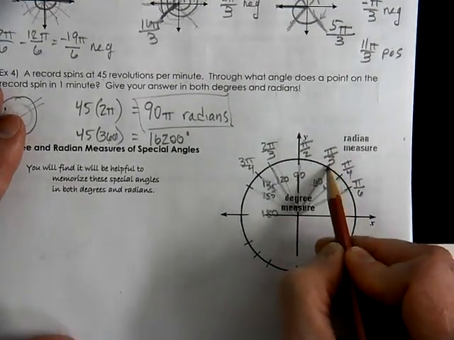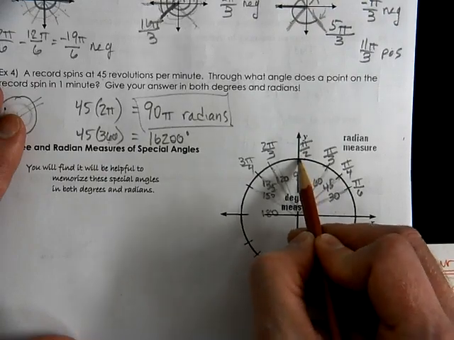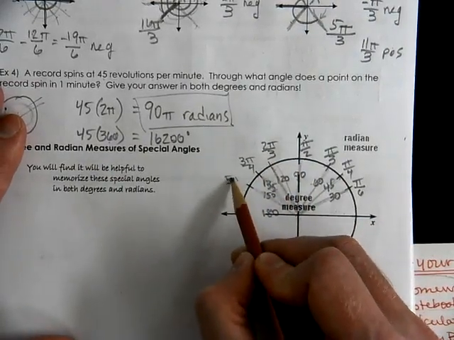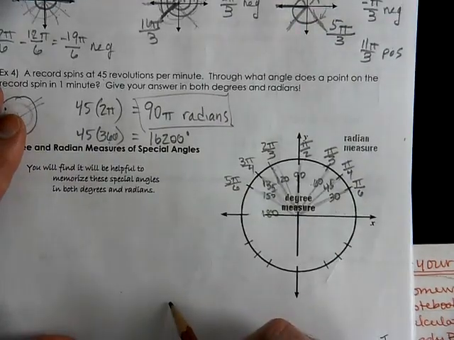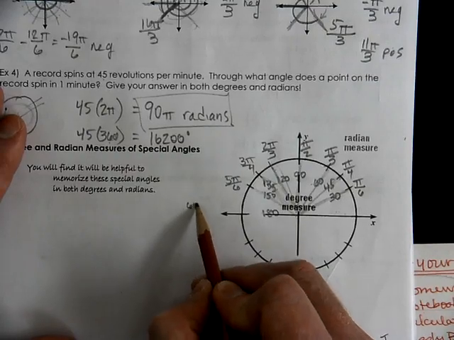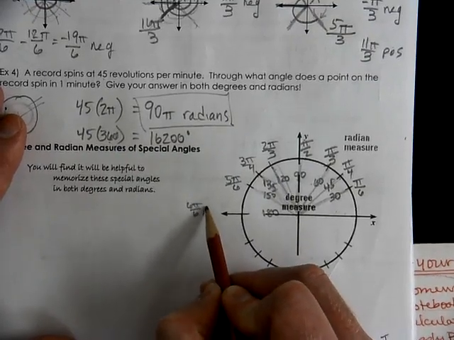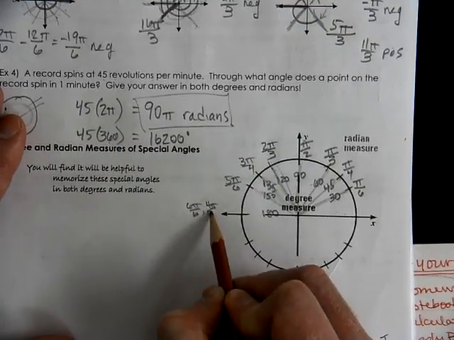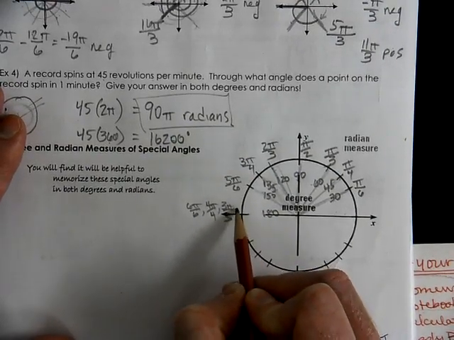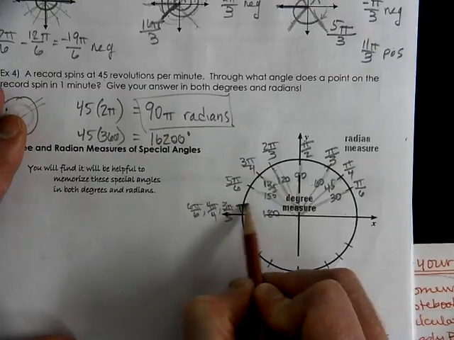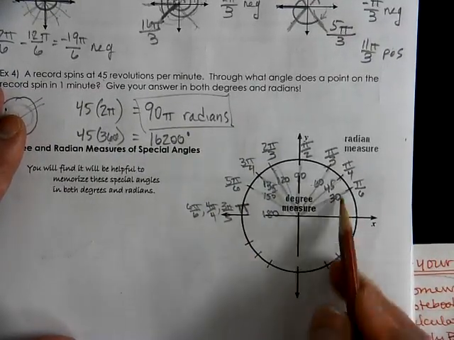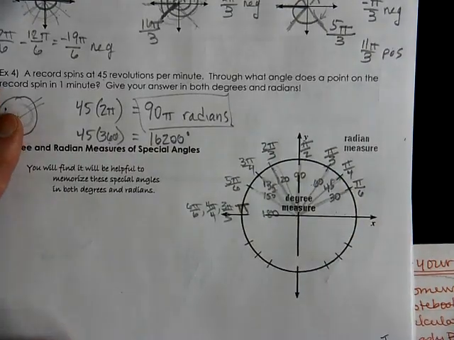This would be 2/6 reduced. 3/6 reduced. 4/6 reduced. 5/6. 5 pi over 6. And of course, this could be called 6 pi over 6, or it could be called 4 pi over 4, or it could be called 3 pi over 3, and every time we just simplify it to pi. You can try to work your way through the bottom with the same pattern.